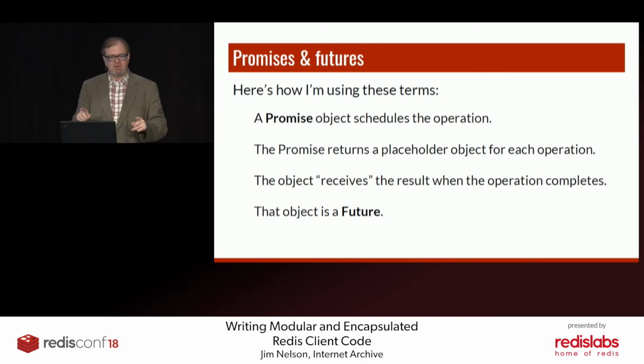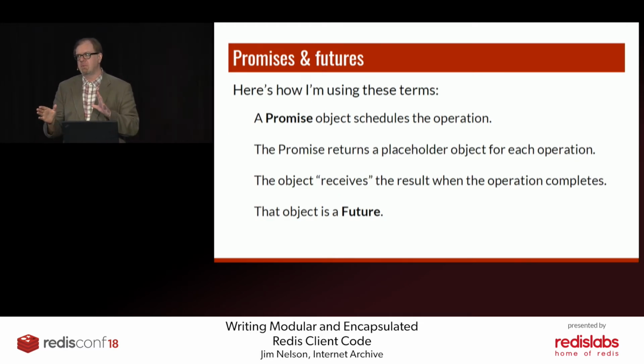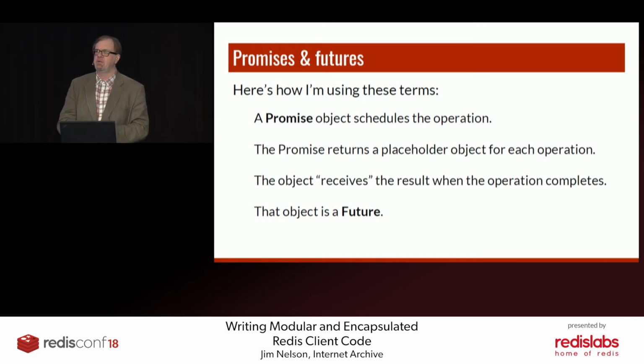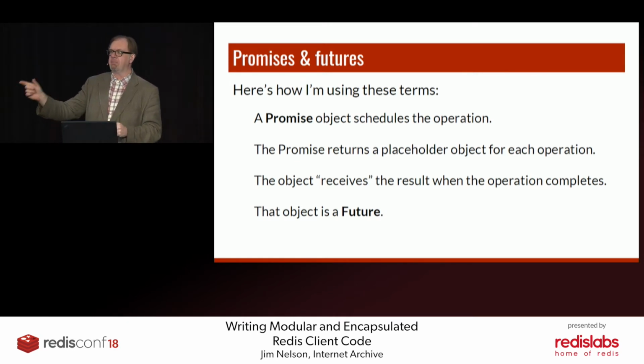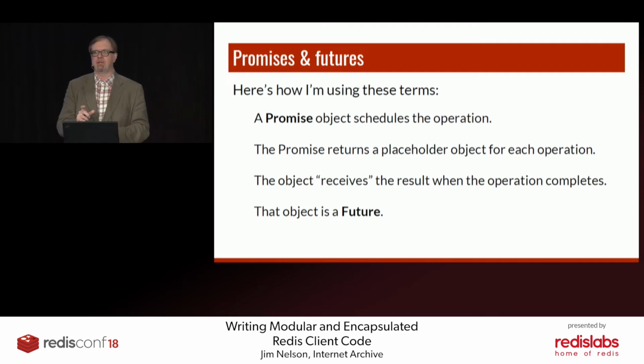The terms promises and futures, I've heard them used in a lot of different ways in different environments. So just for this talk, I'm using them in a very specific way, and I just want to make sure we're all on the same page here. A promise object schedules the operation. It's sort of like the pipeline of the transaction. That's what schedules the transaction. It's the promise being made. The promise returns a placeholder object for each operation.